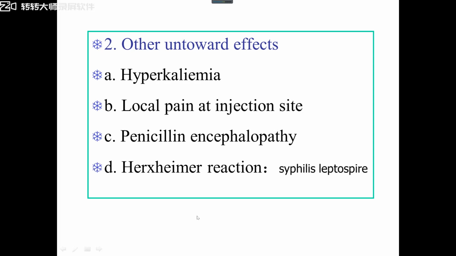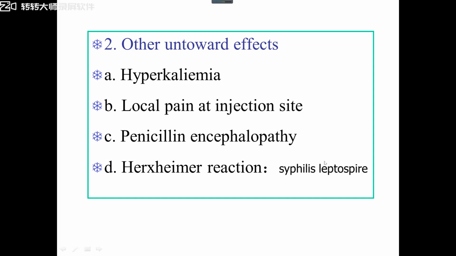The last adverse reaction is the Herxheimer reaction. When syphilis patients use penicillin G, because penicillin G is too powerful in killing the syphilis spirochete, some patients have high body temperature, tremor, and high fever. We call this Herxheimer reaction.